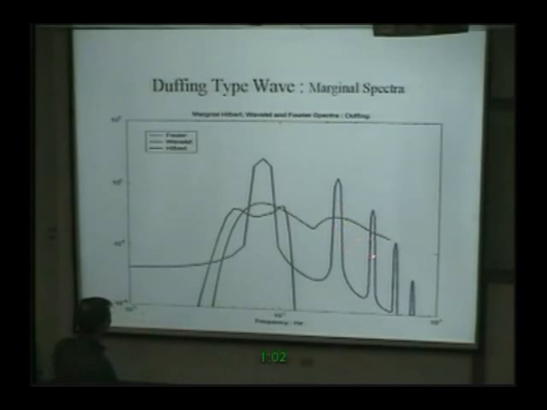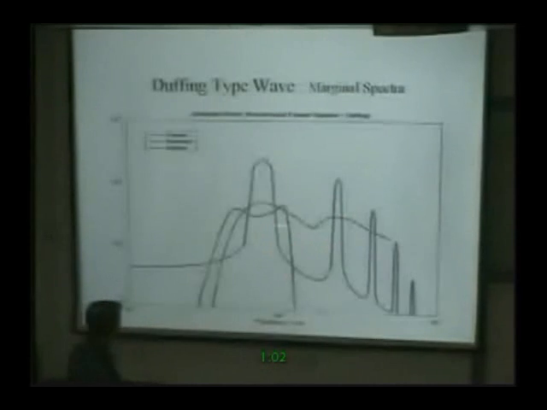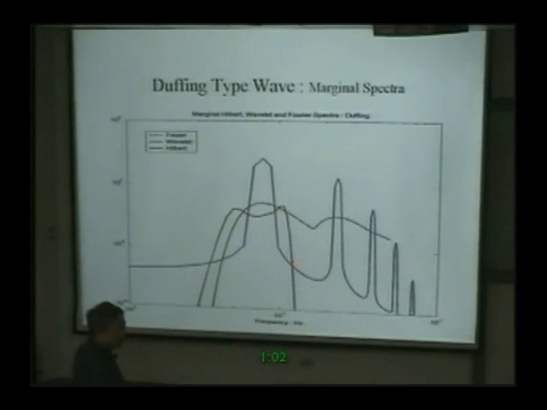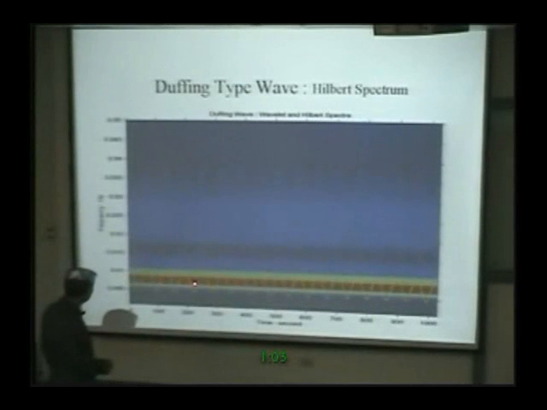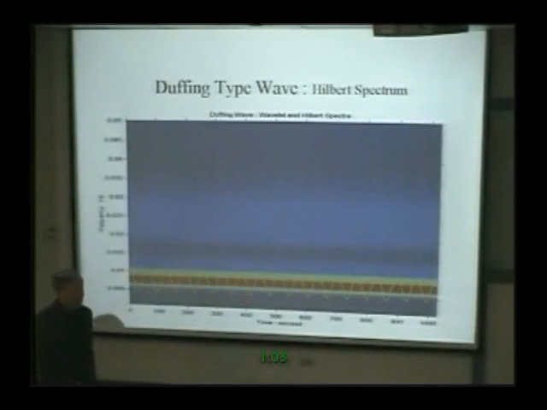Here are spikes, the Fourier spectrum. And here is the instantaneous frequency. He says, I have an instantaneous frequency, it's not in the spectrum. And I have a frequency here, it's not in the Fourier spectrum. So this is a paradox. What is the difficulty? I cannot see that. The difficulty is that if you recognize this as a frequency, and this as a frequency, then of course these are outside your bound.